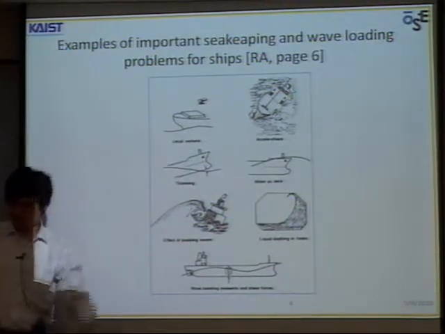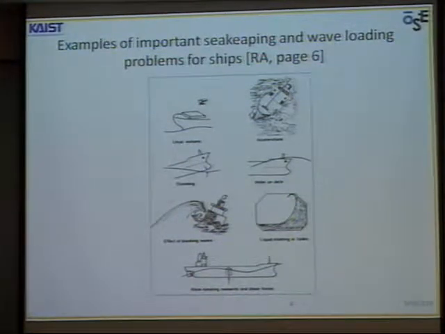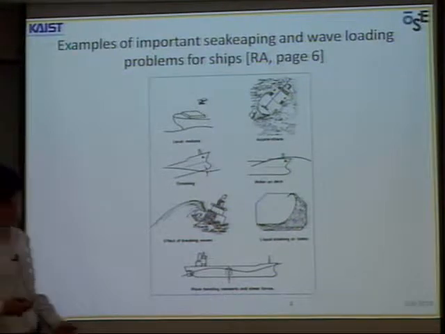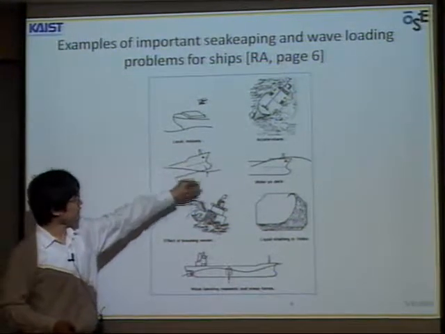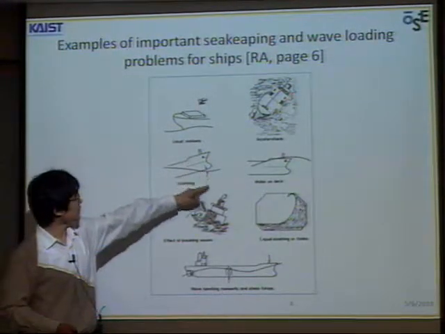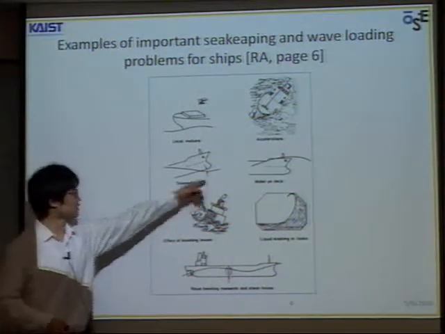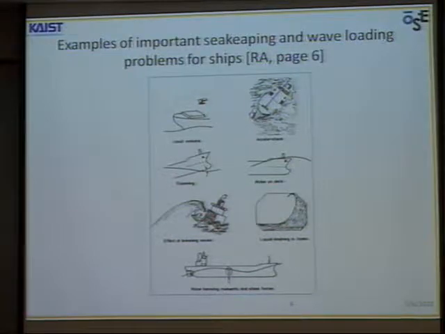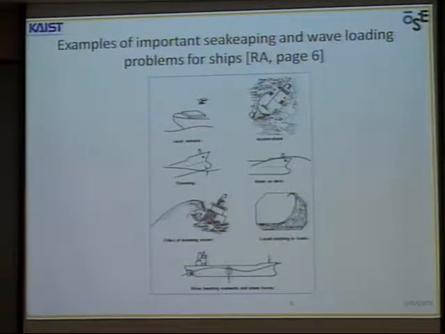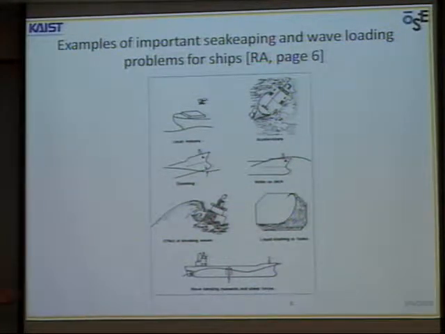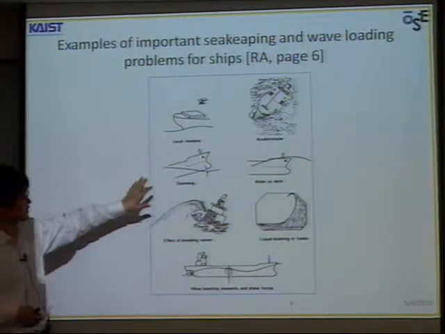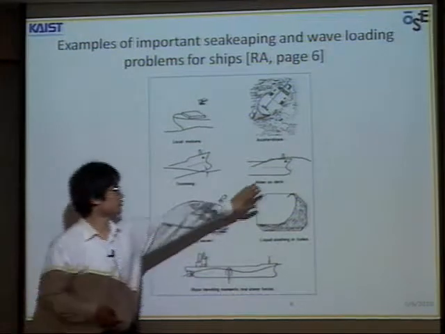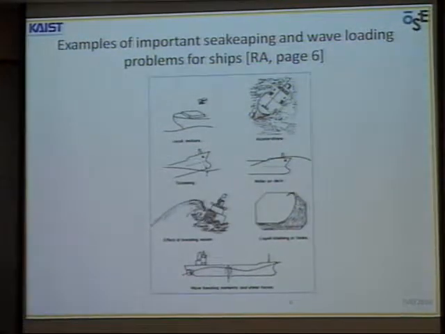If the acceleration is too large, the containers can easily collapse and be lost or damaged. And this is the relative motion of the bow bottom to the water. It's called slamming. It's a high-pressure, very instantaneous process, very quick, and the resulting pressure can damage the ship fairly easily. And this is green water load.